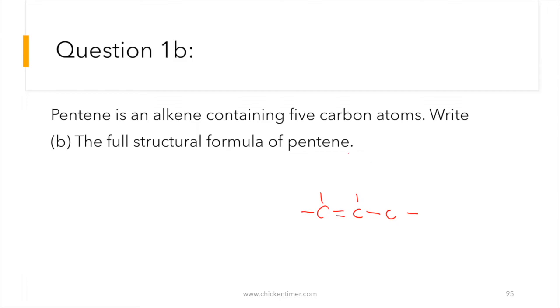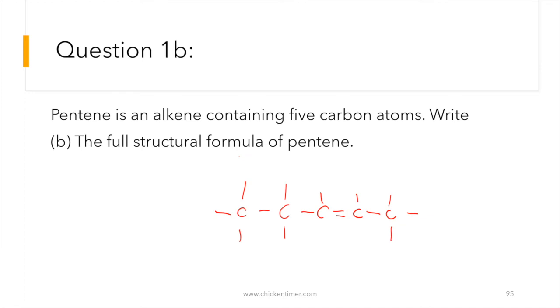I can choose to add 1 on one side and 2 on the other, or the other way around. Or I can choose to add all 3 on one side. It's not wrong, so there are many possibilities. Then I go to every carbon and make sure there are 4 bonds around it. Then you get the answer. Last step, put all the hydrogen in.